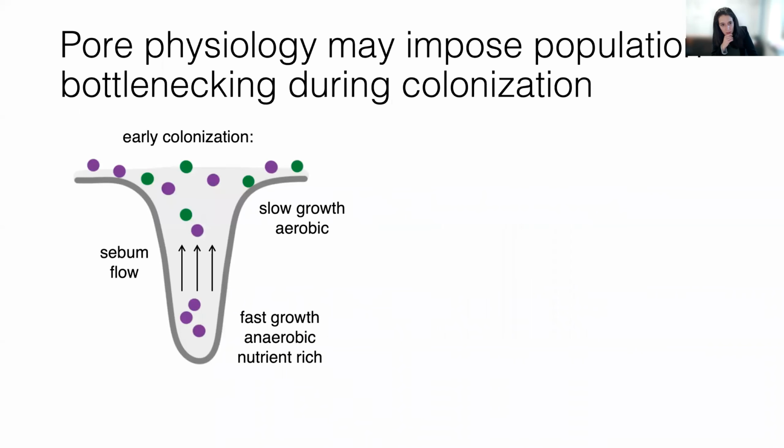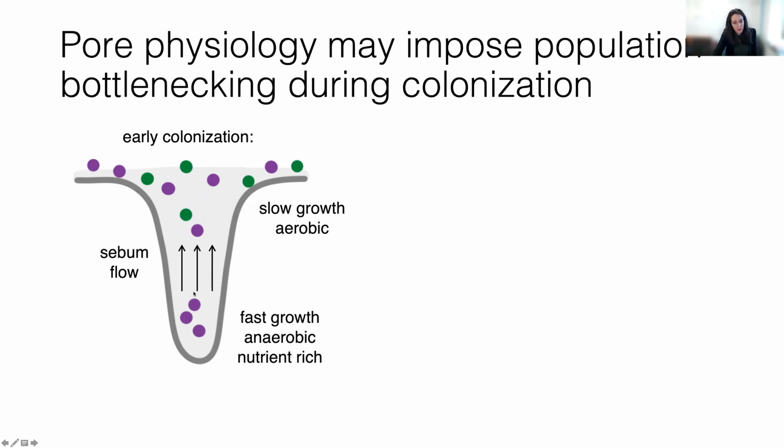And so why would there be a bottleneck? Well, we think that at the bottom of the pore, there's a preferred area of growth, and on the top, the bacteria are not growing very much. It's hard for the bacteria to get into this area of best growth because there's sebum flow to fight against, it's hard for them to diffuse all the way down there, and they don't have good ways of swimming down there.